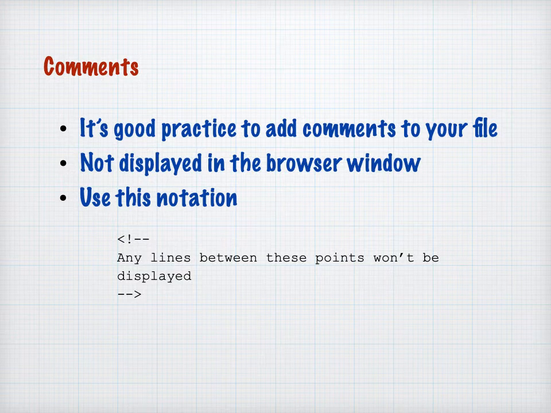The syntax we use here is a little bit odd, but basically you use a less than symbol, an exclamation mark and 2 dashes, and anything after that point will simply be ignored by the browser. So you could have lots and lots of lines here, and then you terminate that comment. You say this is the point where the comment will be stopped by using 2 dashes and then a greater than symbol. So any lines that you place between those 2 points simply won't be displayed.